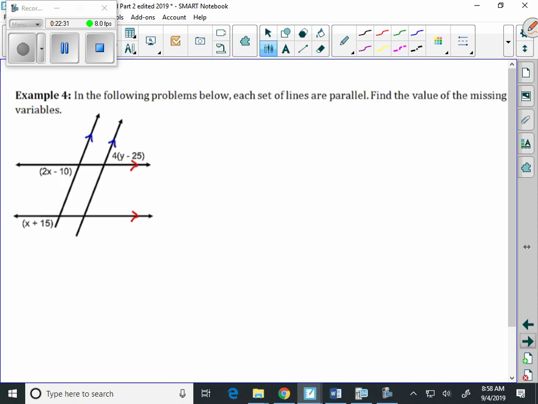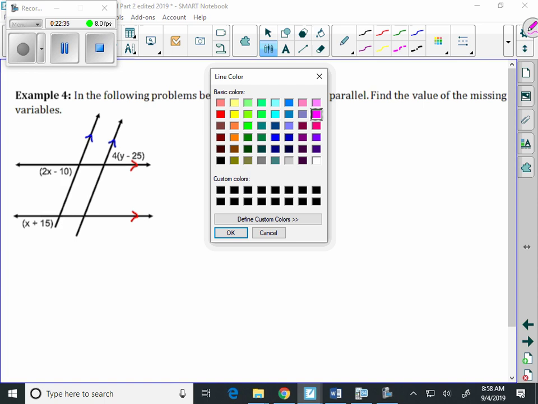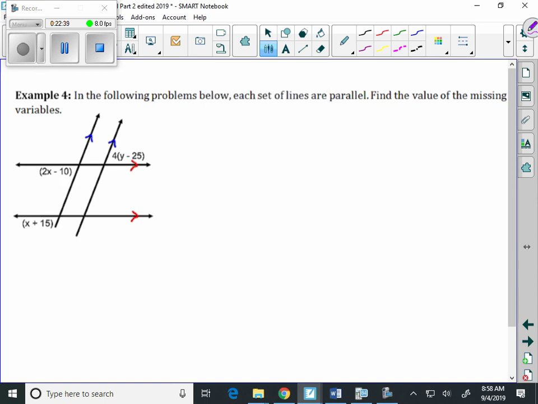But the first thing that I noticed on this particular problem is that 2x minus 10 is underneath and to the left. x plus 15 is underneath and to the left. Those are corresponding angles, and we can set those equal. 2x minus 10 equals x plus 15.